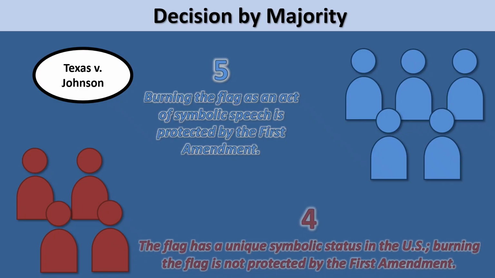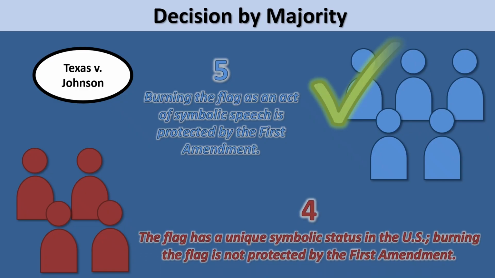Even though the other 4 justices disagreed, because 5 is the greater number, a decision was made by majority, and the U.S. government had to accept the ruling that states cannot make laws prohibiting people from exercising their freedom of speech by doing things like flag burning.